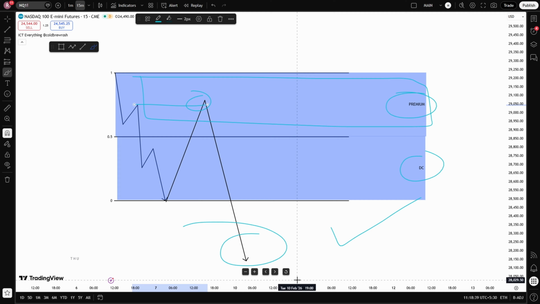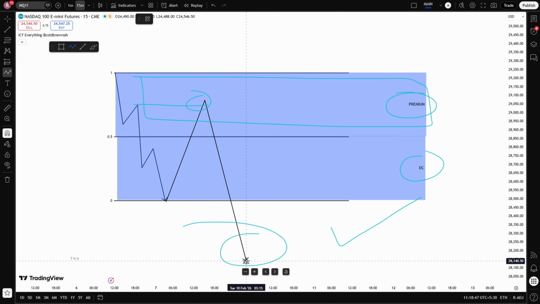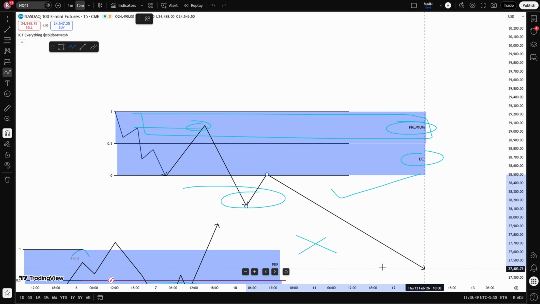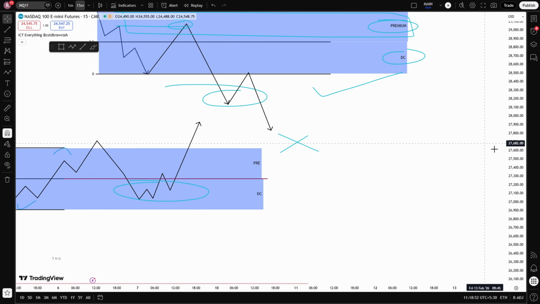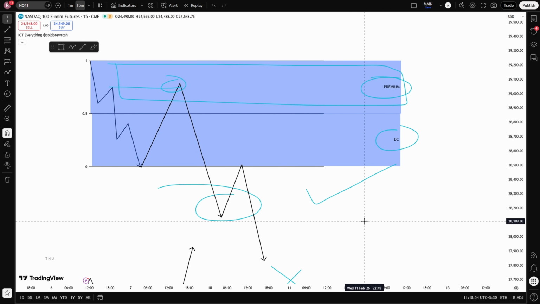Once that selling is confirmed, price is likely to take out the previous low, form another lower low, and continue that bearish structure. This is why equilibrium is one of the easiest confluences to understand, but also one of the most powerful, because it helps us identify where price is most likely to retrace before continuing its move.